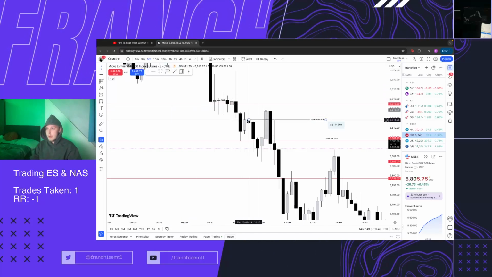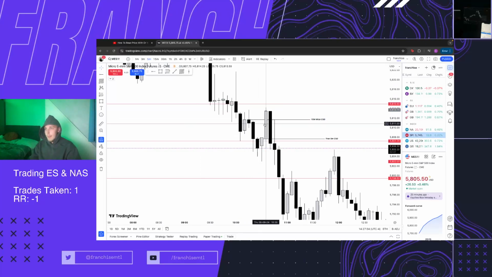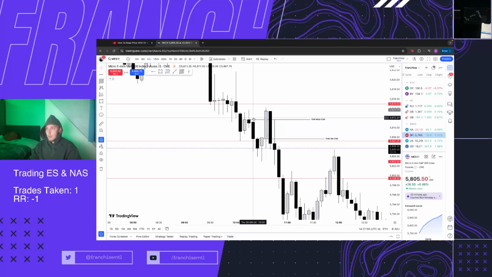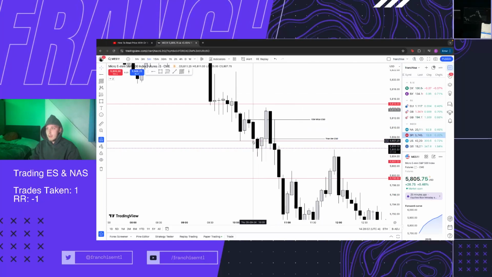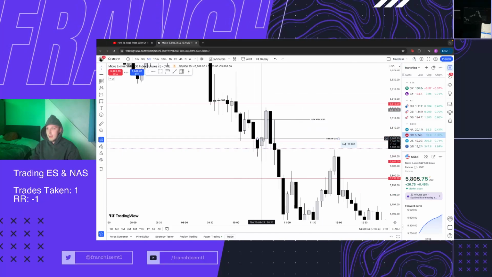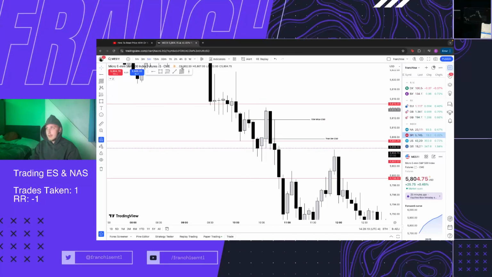However, we waited until we had this change in state of delivery, longed, but that was a wick on the 15-minute to continue bearish. So the setup was already presented as soon as we hit 50%. We hit 50%, and this was then presented. This up close candle presented our setup to buy side liquidity.